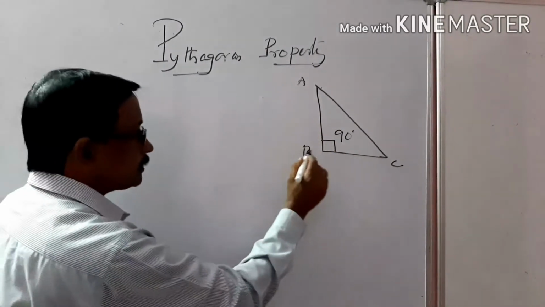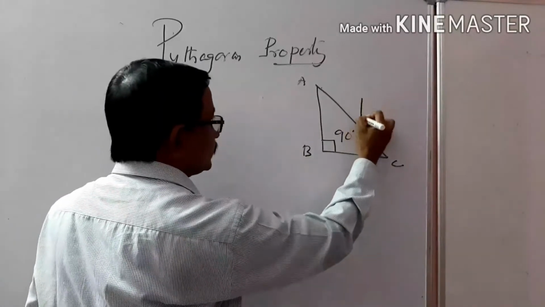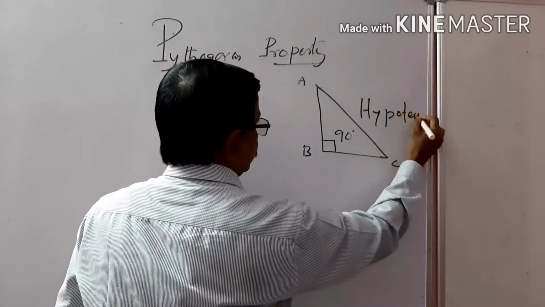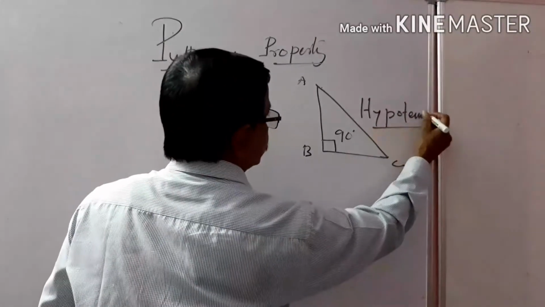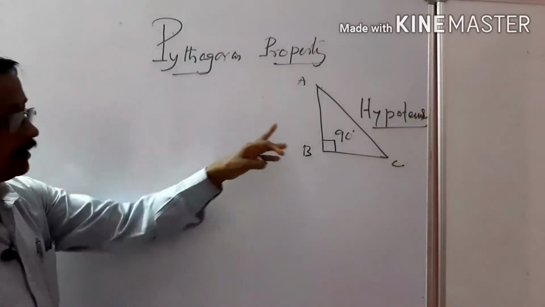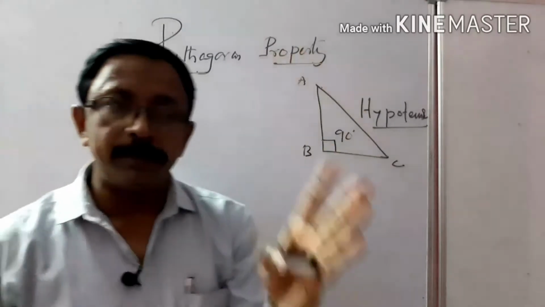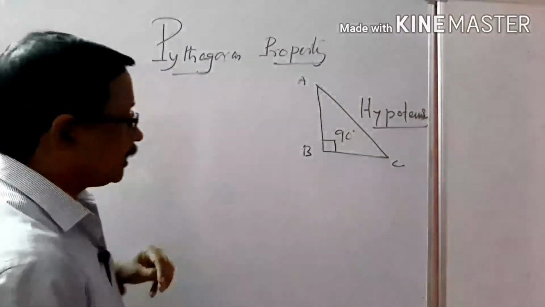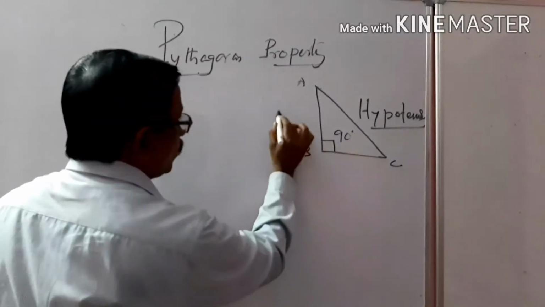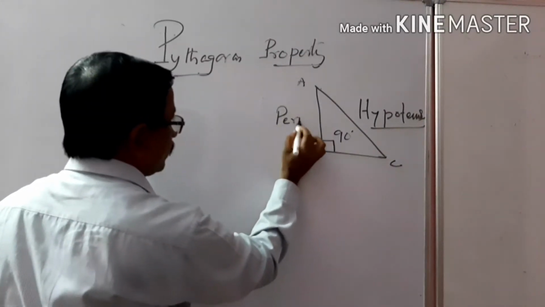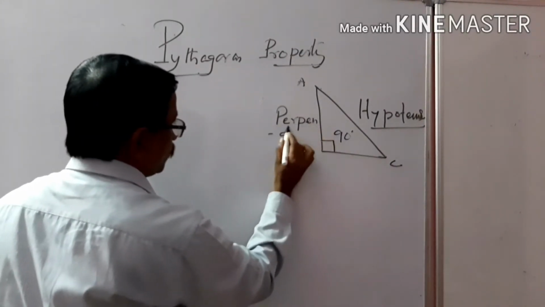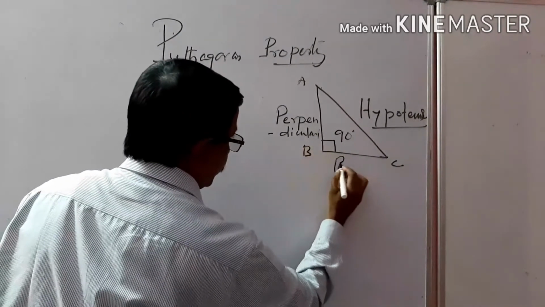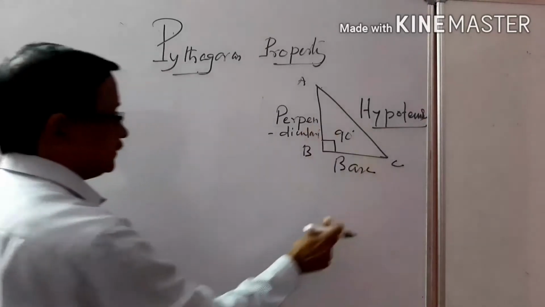And in this right angle triangle, this side is known as the hypotenuse. I think each and everyone knows the side opposite to 90 degree of a right angle triangle is known as the hypotenuse. And the other two sides, one is the perpendicular and another one is the base.